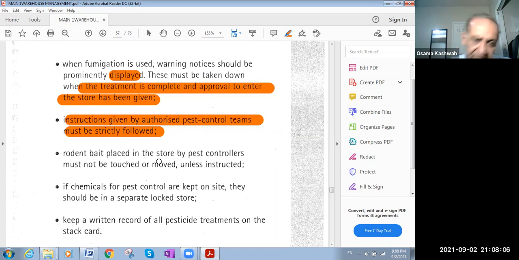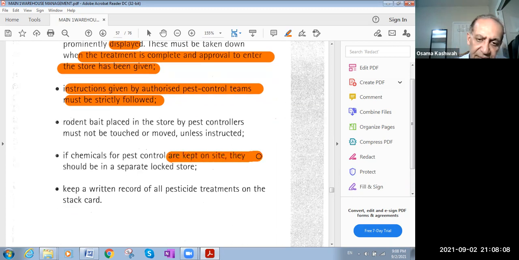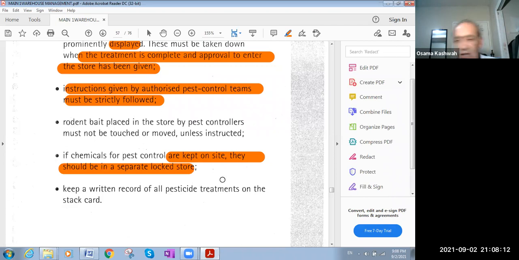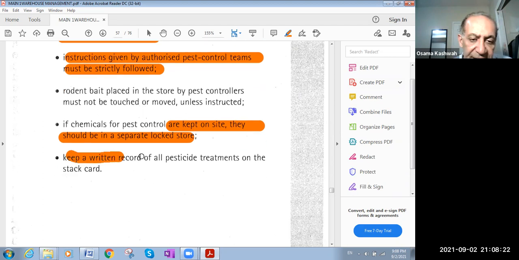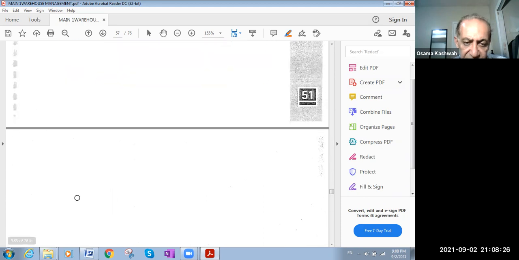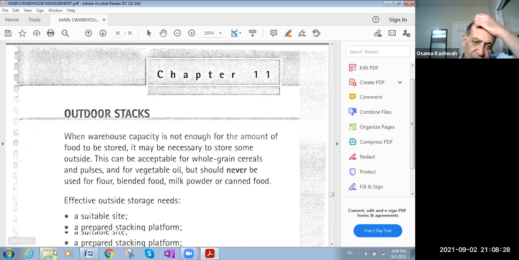If chemicals for pest control are kept on site, they should be in a separate locked store, not anywhere else, but in a locked place which is well guaranteed. Keep a written record of all the treatments to stacks.